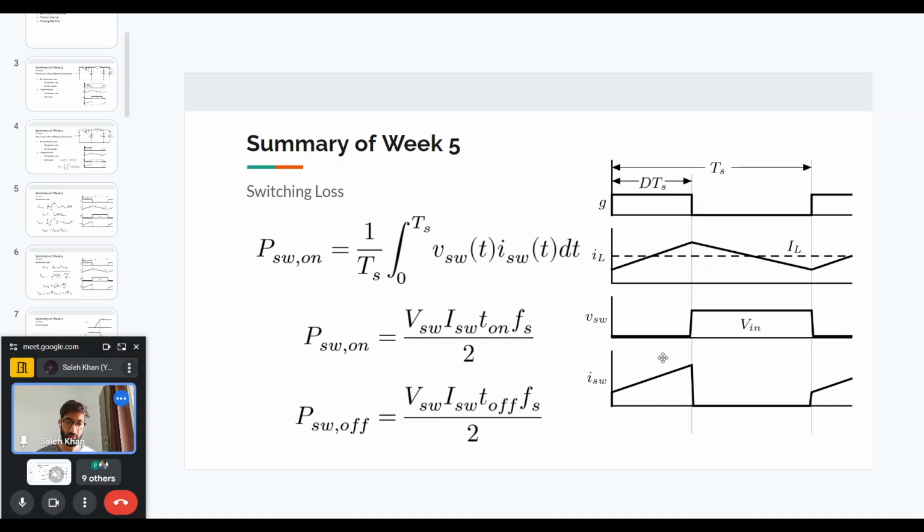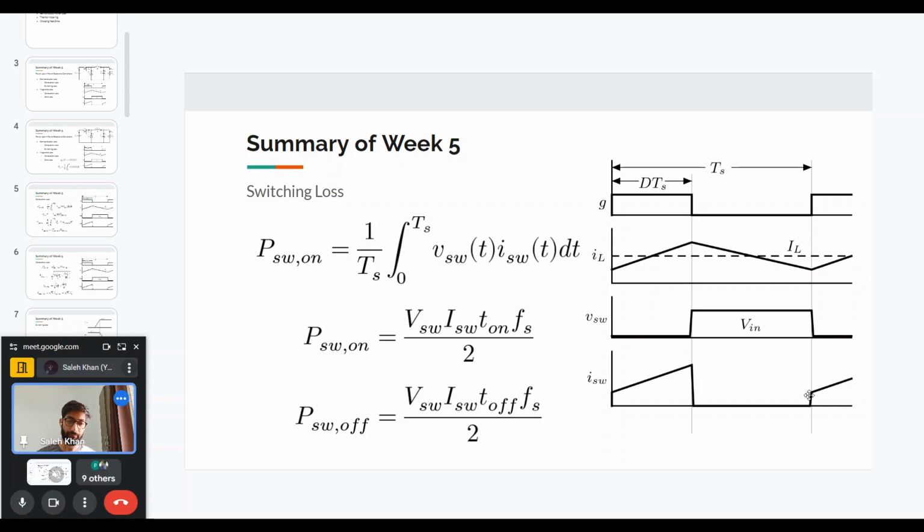For example, in the buck converter, I_SW when the device turns off is the inductor current average plus half of the ripple. So it is this peak current, which is inductor current average plus half of the ripple. At that point, the current turns off. So that is I_SW for turn off.